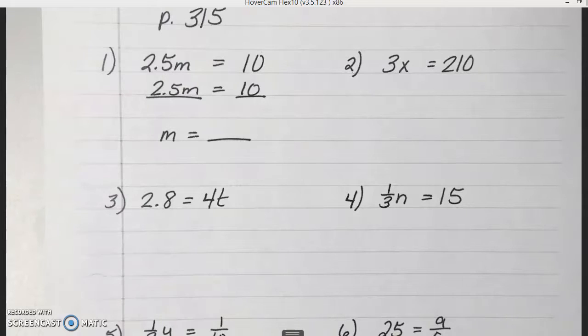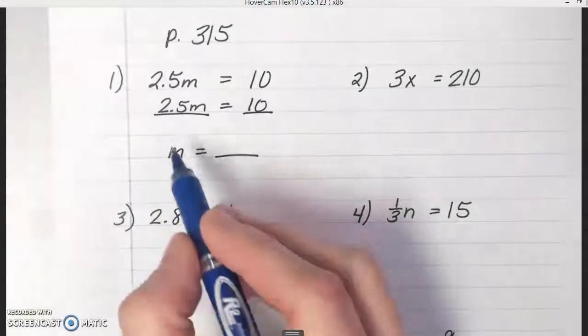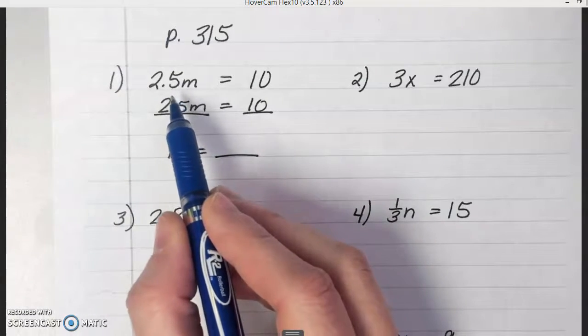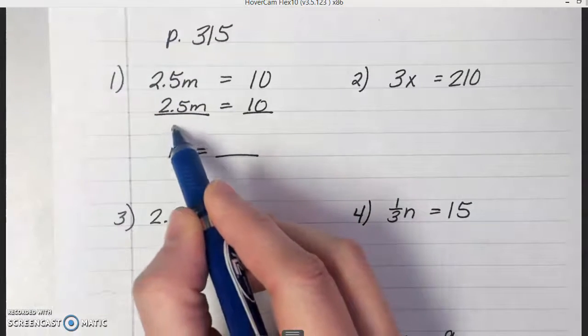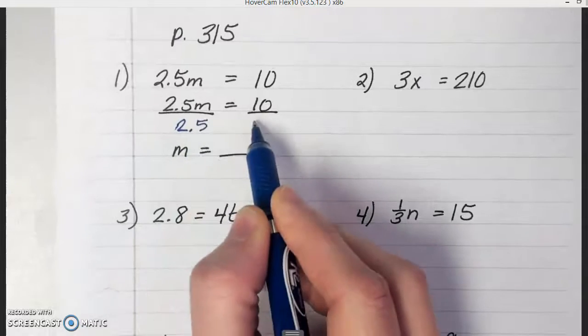All right, so page 315, number 1. We have 2.5m is equal to 10. So in order to get m by itself, what will I have to do to each side? I'm going to have to undo that multiplication by using, what's the inverse operation of multiplication? Division. So what am I going to divide each side by? What's beside the m? 2.5. So I'm dividing each side by 2.5.